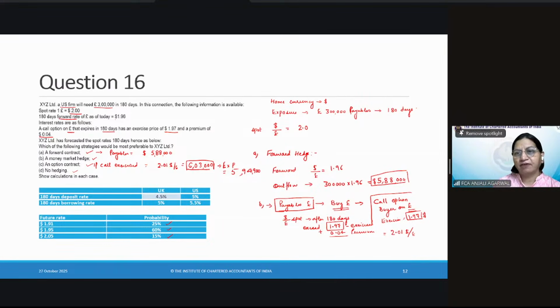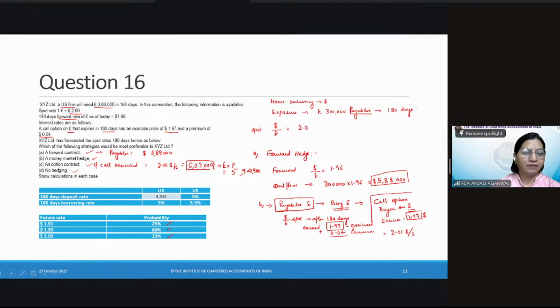As we have payables, the lesser, the better. So forward is better than the option so far. 594,900 is more than 588,000. Therefore, forward contract is giving us a better answer than the option contract.